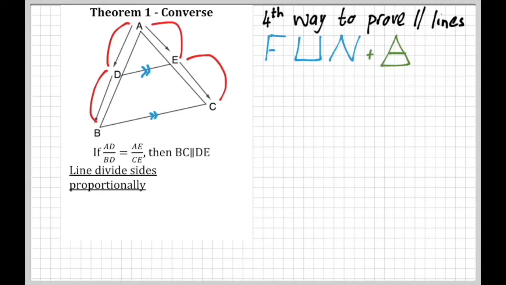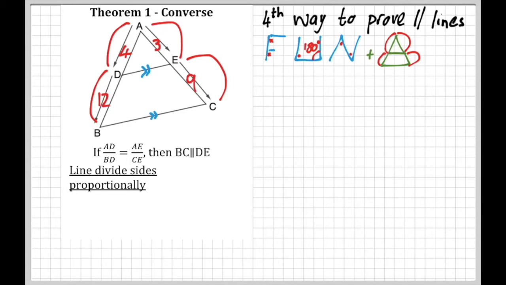We can use the F, the U, the N that you got taught in grade 8, with corresponding angles being equal, if the co-interior angles are supplementary, if the alternate angles are equal, but also now if the sides are in proportion. Four ways of proving lines parallel to one another.